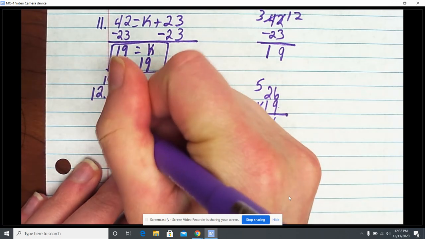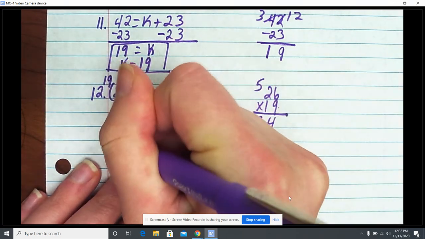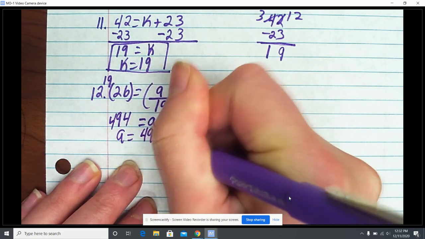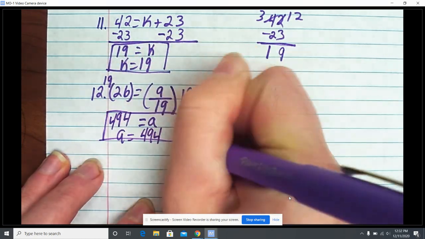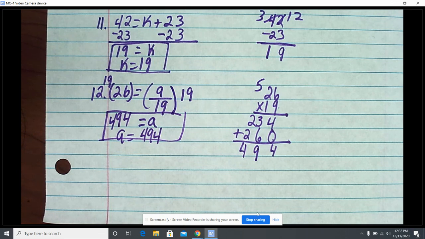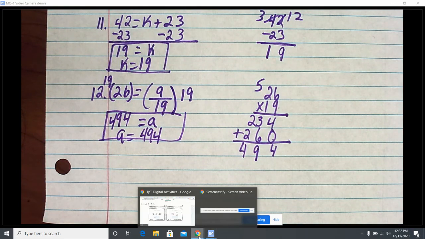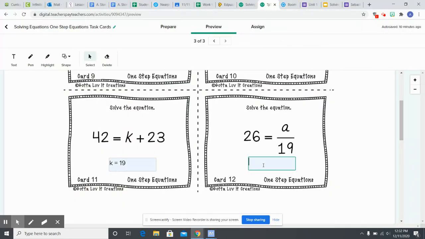So 494 equals A, or A equals 494. Either one of those working. Use your substitute method to check your answer if you want to. A equals 494.